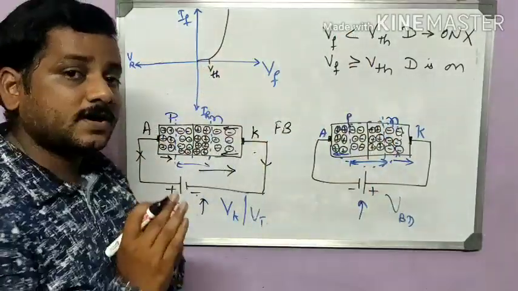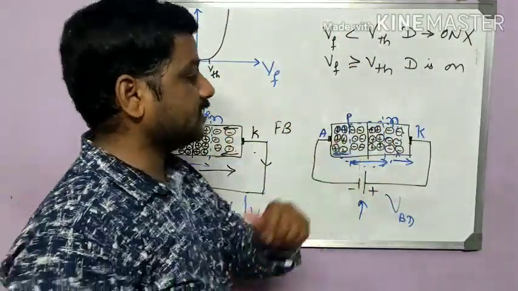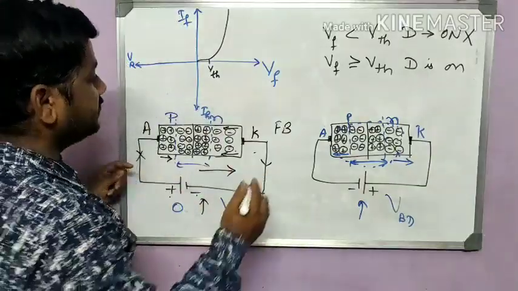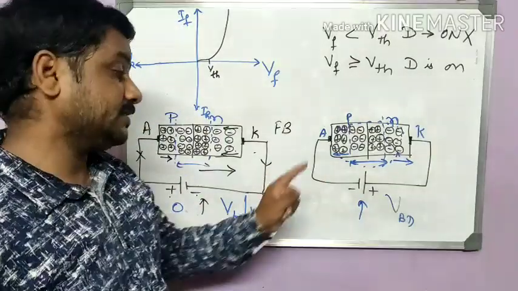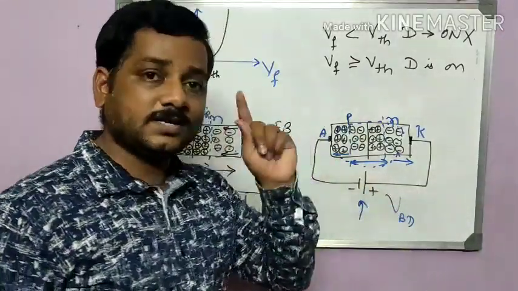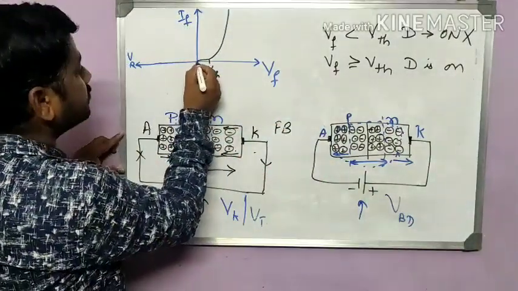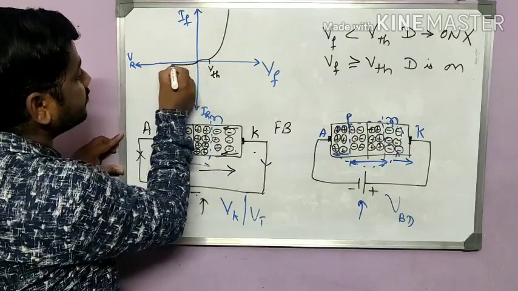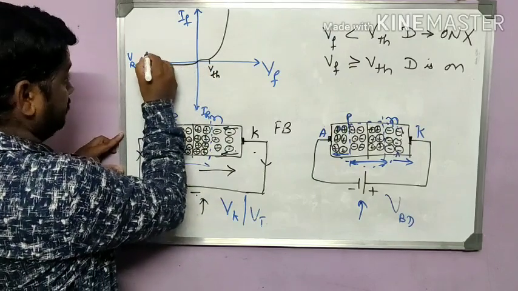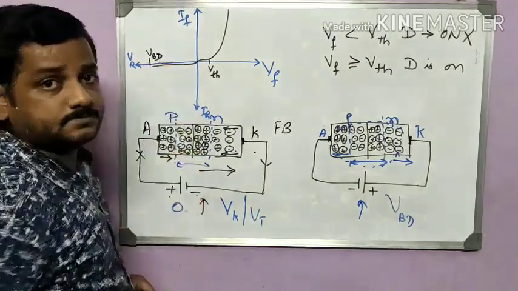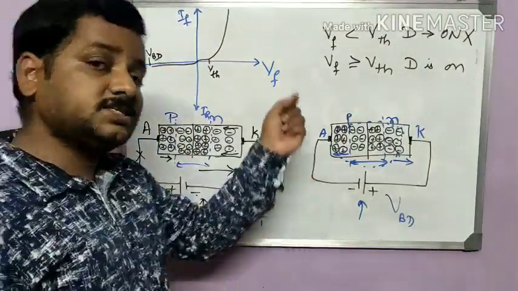This happens in forward bias, whereas in reverse bias we won't get that threshold voltage, we get the breakdown voltage. Until we reach the breakdown voltage, we won't get any flow of current. So it will slowly move like this. Say this is the breakdown voltage.